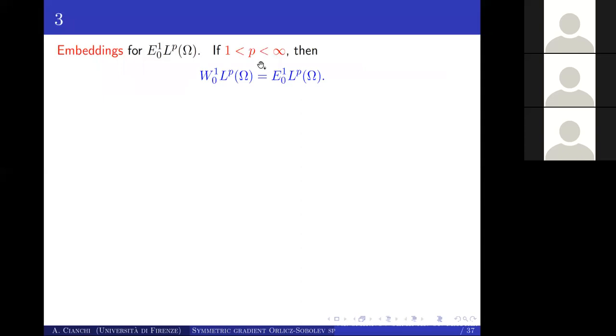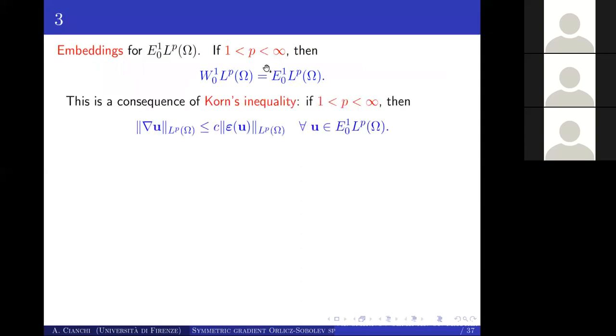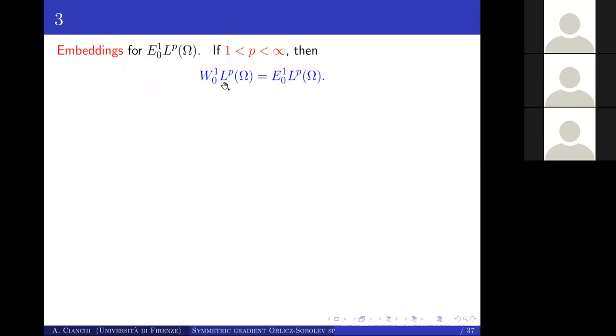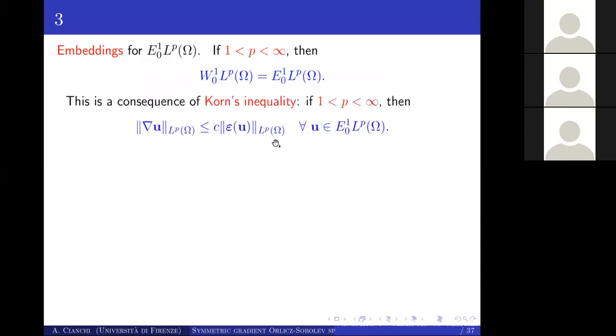If p is strictly between 1 and infinity, then the situation is quite trivial, because for this range of values of p, the full Sobolev space and the symmetric gradient Sobolev space agree. This is due to a famous inequality called Korn's inequality, which tells us that for any such p, the L^p norm of the full gradient is estimated up to a constant by the L^p norm of the symmetric gradient, so that the two spaces agree.